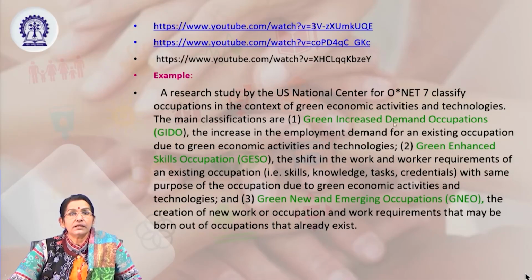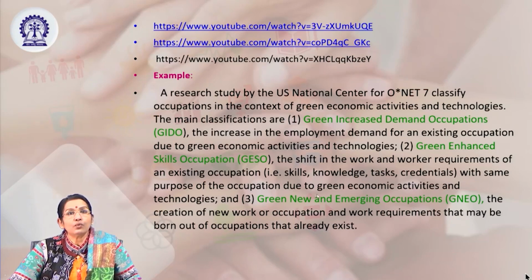So, that is the increasing demand occupations right now, then the skills and competencies required for that kind of green jobs, and the new and emerging occupations, that is new scopes and opportunities, the creation of new work, new occupations, and the work requirements that may be born out of this present situation that already exists.